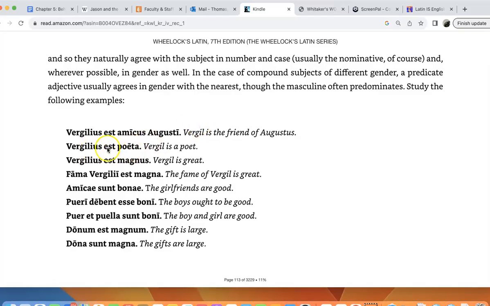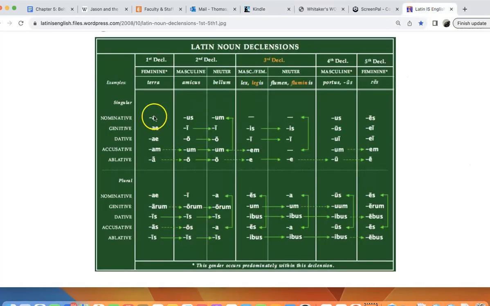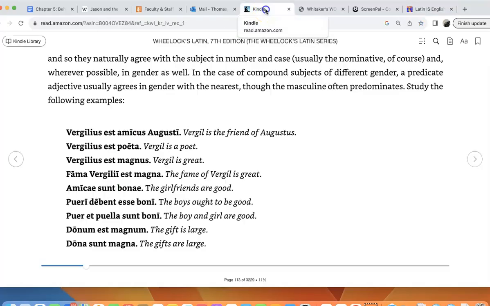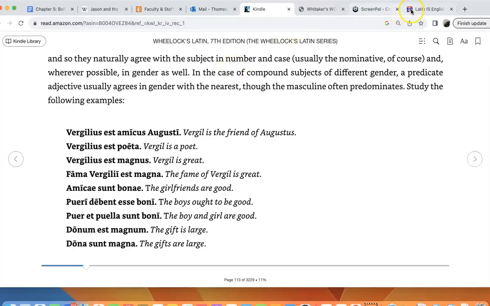This one's a little bit of an outlier, just because in Latin, the word poet is first declension, even though it's describing, in this case, a masculine subject. It's one of those words that is just the exception to the rule, if you will. And so Virgilius es poeta, not Virgilius es poetus, just because those words need to fit that declension.